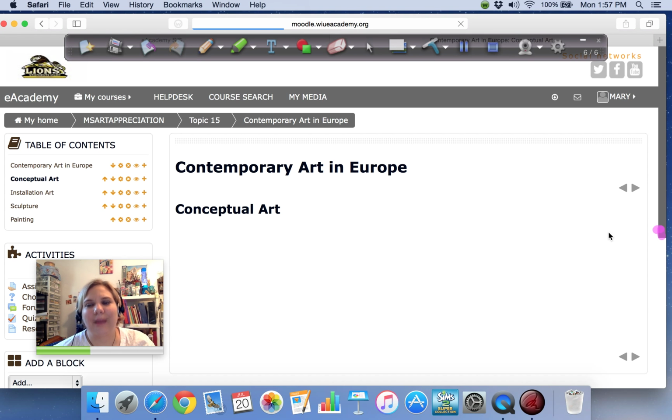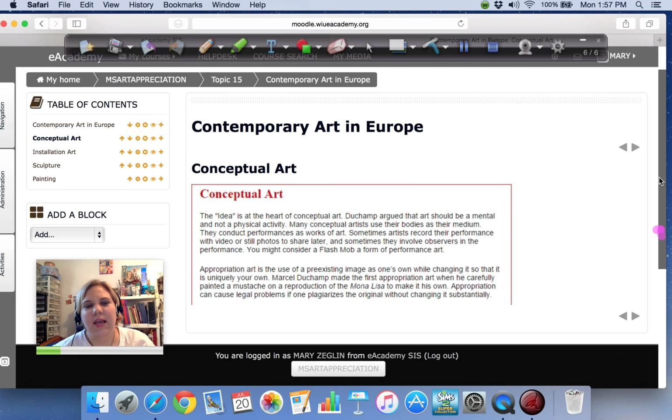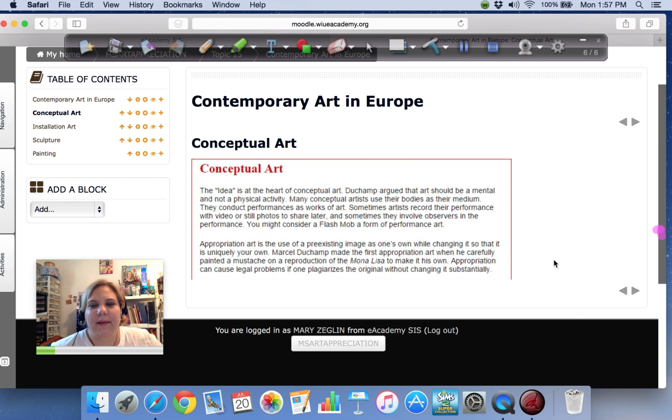Okay, so conceptual art. Think of conceptual like a concept or an idea. So Duchamp, Marcel Duchamp, in the last chapter did that sculpture of the bicycle wheel. He did things like that. Nude Descending a Staircase is one of his very famous paintings.